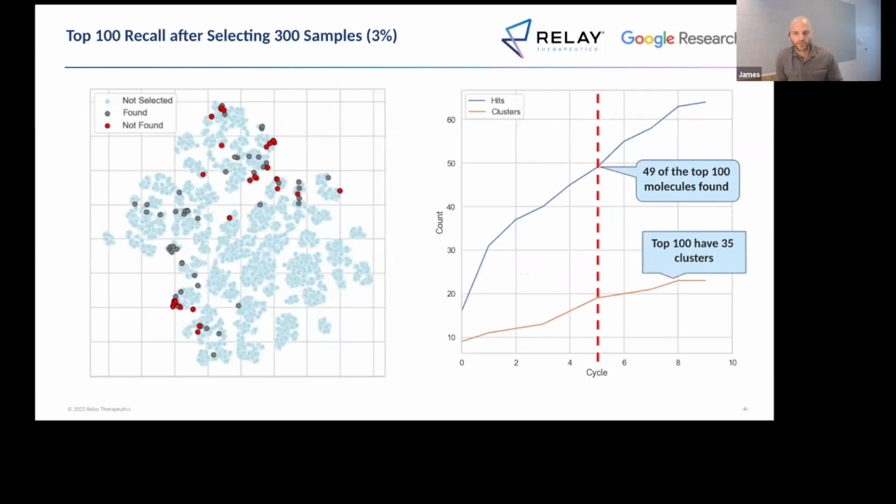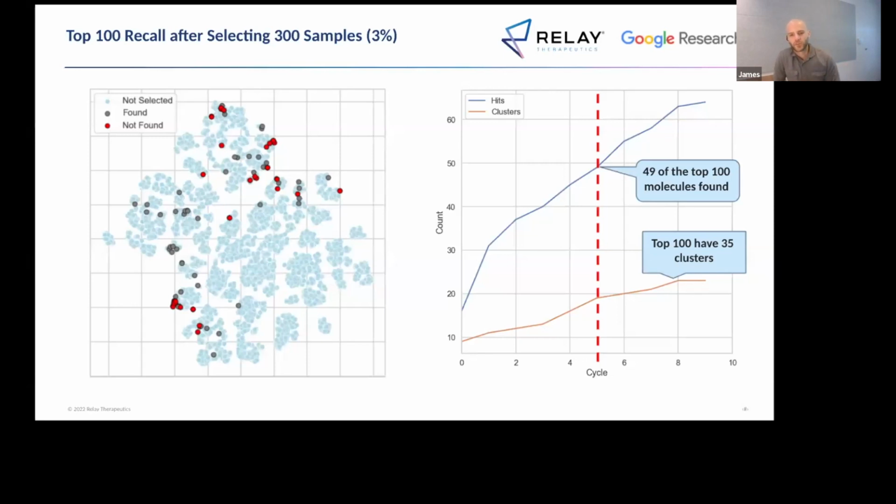There is also this possibility when you do something like this where there's one cluster of molecules that are good. So the model finds one specific motif of a molecule that's good and just finds 49 molecules that are extremely similar to each other and they all just happen to be good. We wanted to avoid that, or see if that was happening.